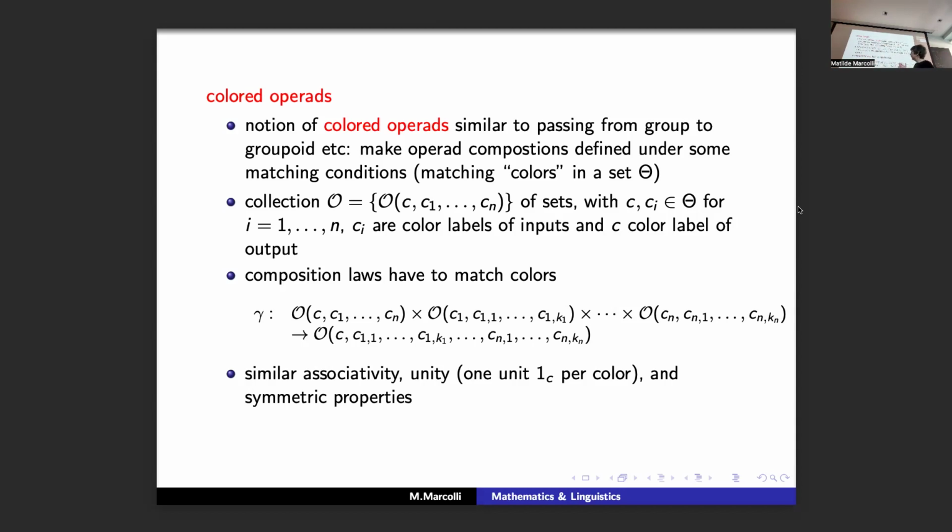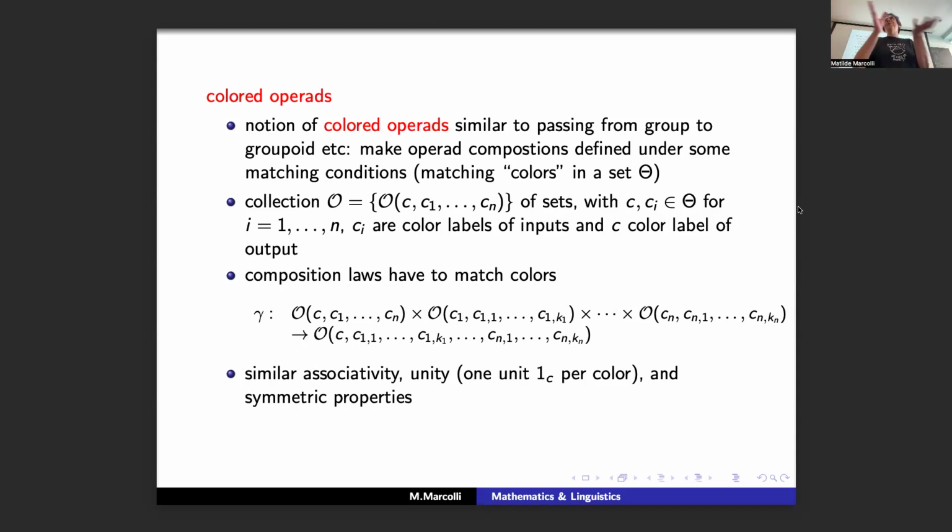And when you do the composition, if this is the input into which you want to plug in this first output, the colors have to match. So anytime you plug in two legs, they have to have matching colors. And you write the same kind of associativity condition, but everywhere the colors have to match. So this composition happens if and only if there is this matching of conditions.